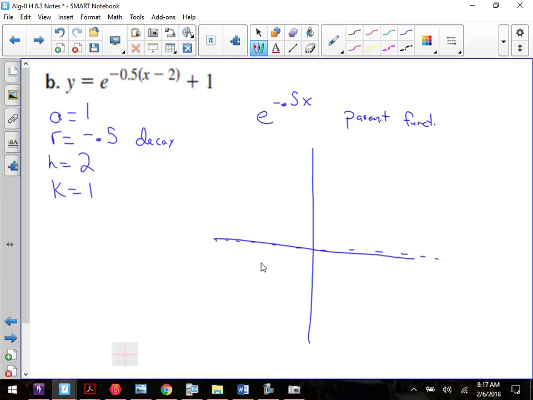Were you asking something? Yep. So we have our parent function there. If I use x equals 0, what's e to the 0? 1.